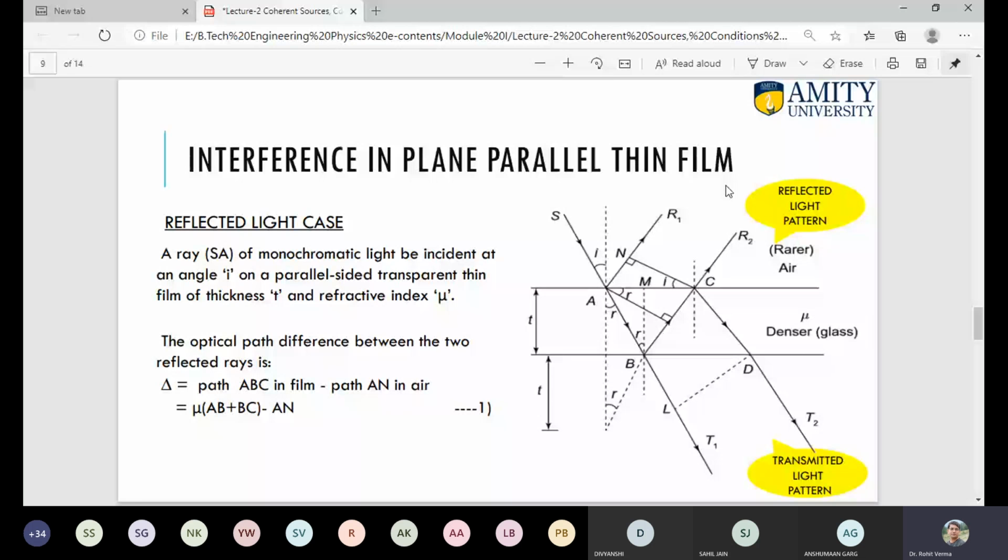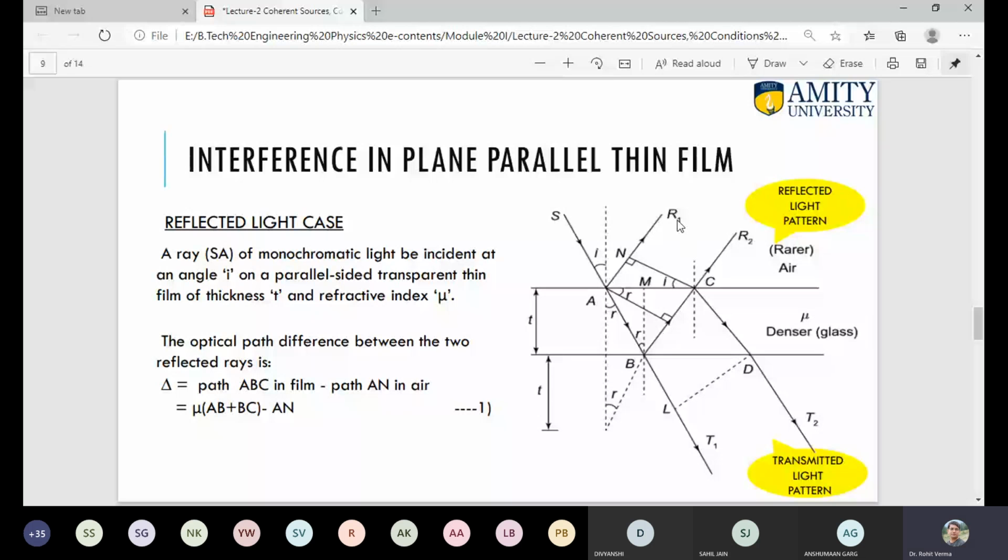So in order to determine the conditions of constructive and destructive interference in this experiment, we first have to determine the path difference between the rays R1 and R2.